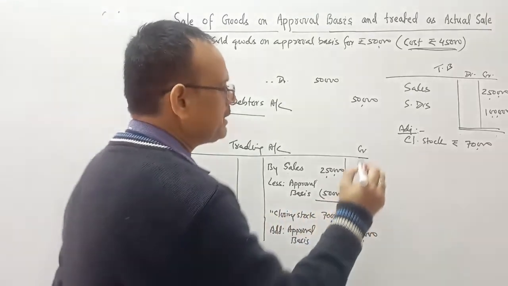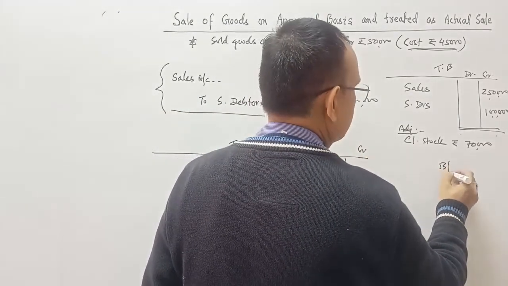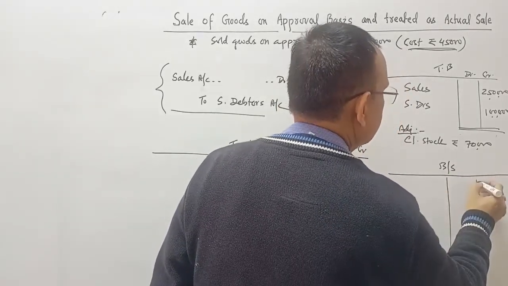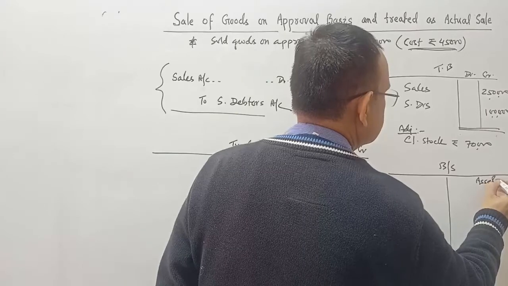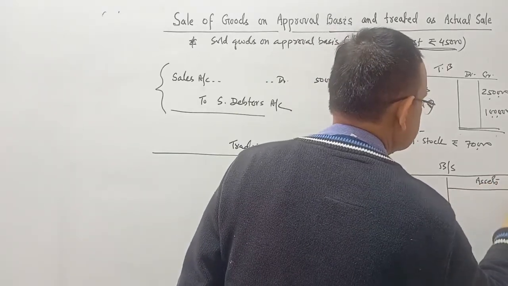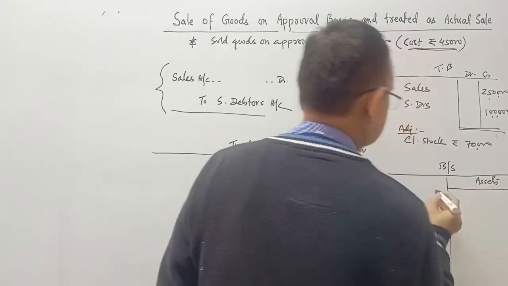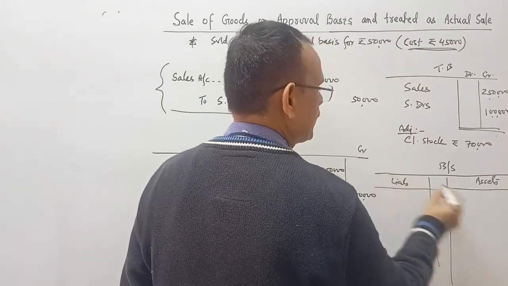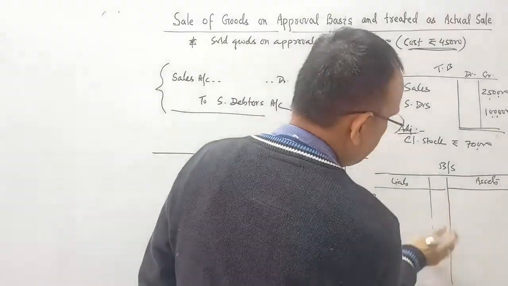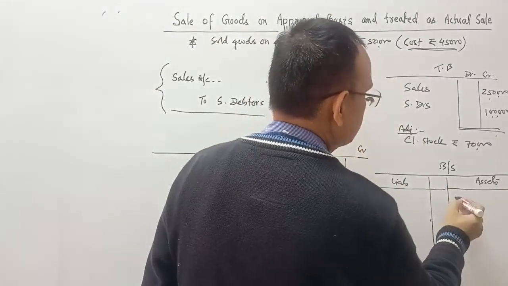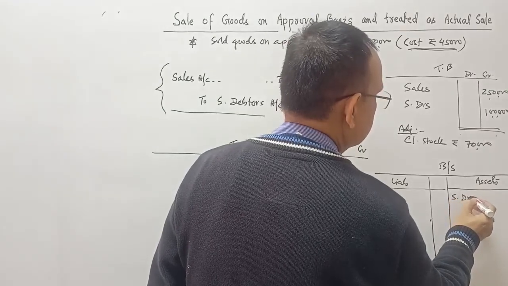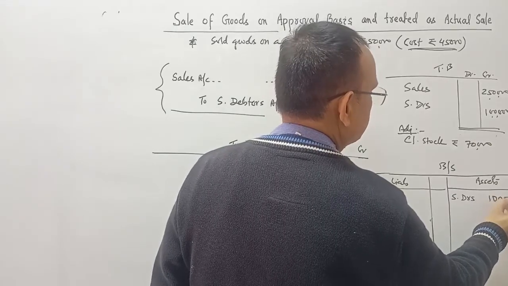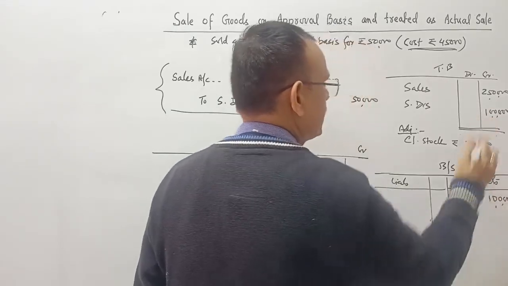And in the balance sheet, what we will do, on the asset side, this side, the asset side of the balance sheet. This is your liability side, and this side is your liability side. I am talking about the asset side. Sundry debtors given in the trial balance is 1 lakh.